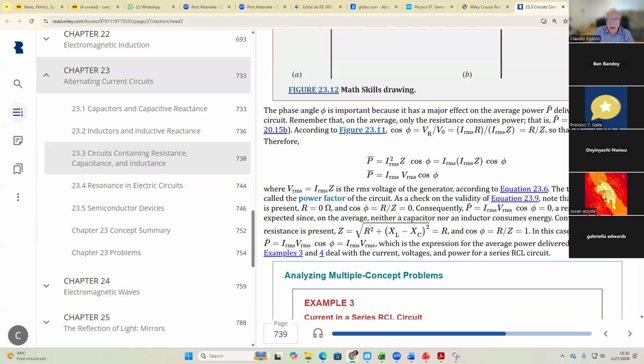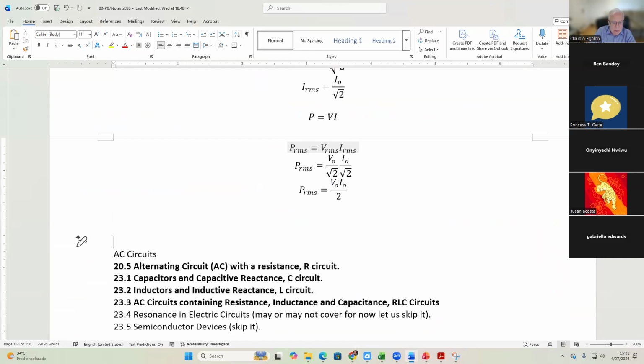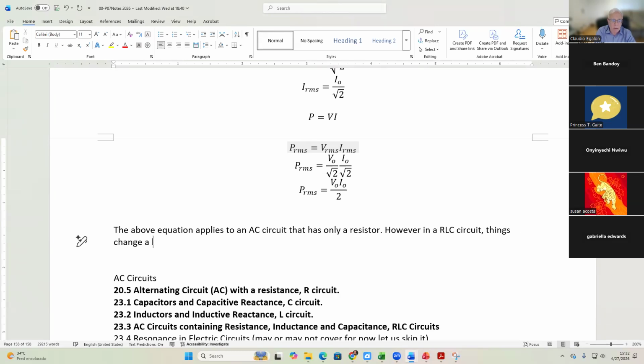Okay, so let's do that. The above equation applies to an AC circuit that has only a resistor. However, in an RLC circuit, things change a little bit. Okay?